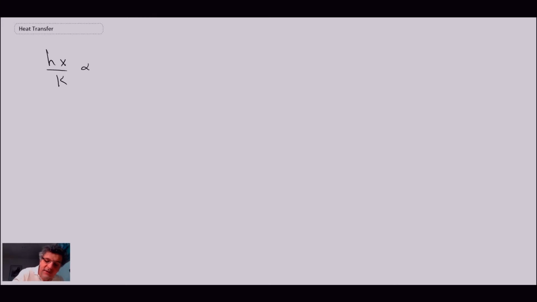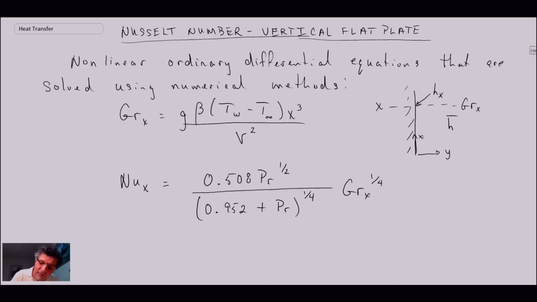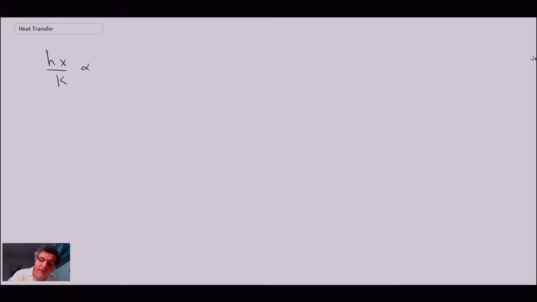With the relationship we just put here, we see that we have Grashof number to the 1/4. Well, Grashof number is x cubed, so the Nusselt number relationship is x to the 3/4.